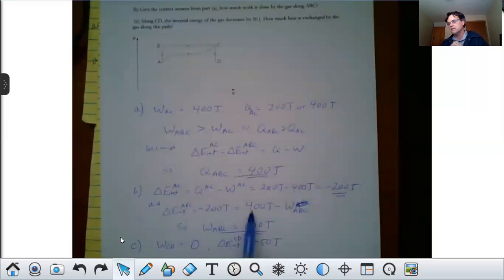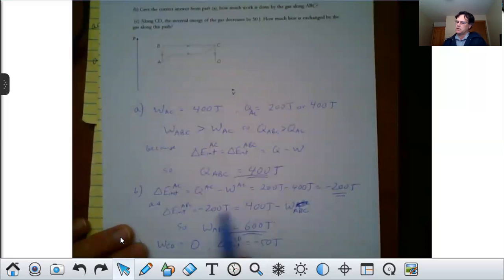Now the work done from A to B to C: the heat we found absorbed by the gas along ABC is 400 joules. So again, using the first law of thermodynamics, delta internal energy equals QABC minus WABC, we can go ahead and solve for the work done along the path ABC, which is 600 joules.